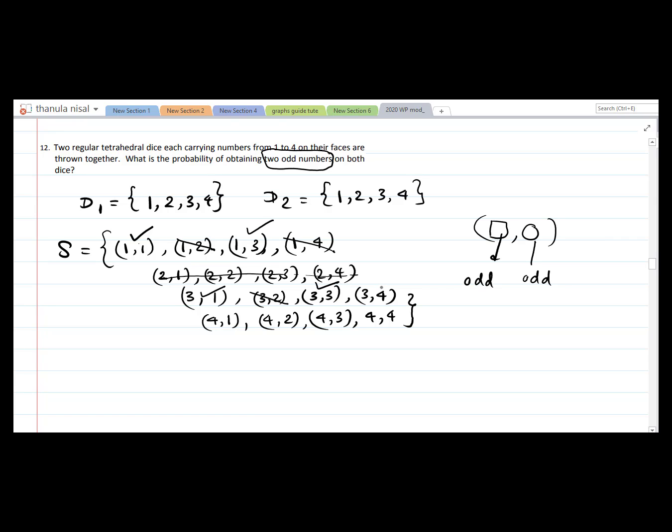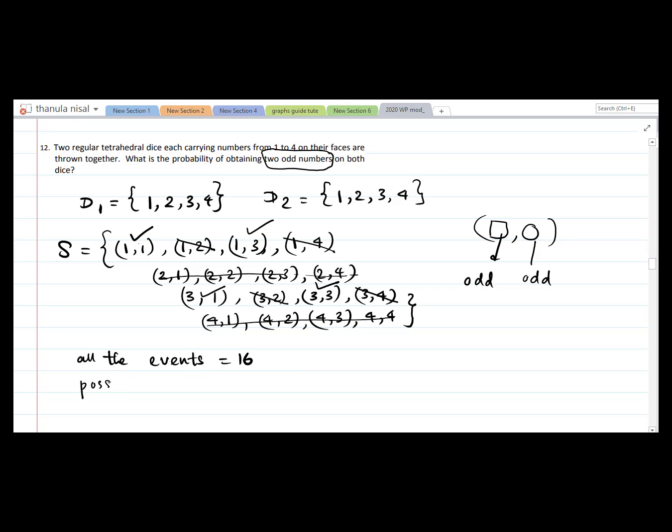Okay, I just undo it. We can't take this one. Same way we cannot take any of these. Now how many cases are there? 4 into 4, that is, count is 16. Number of all the events is 16.